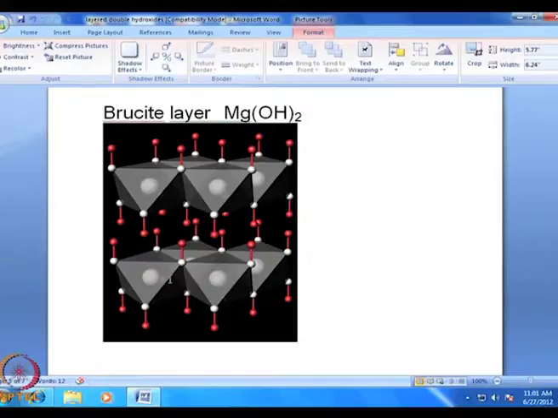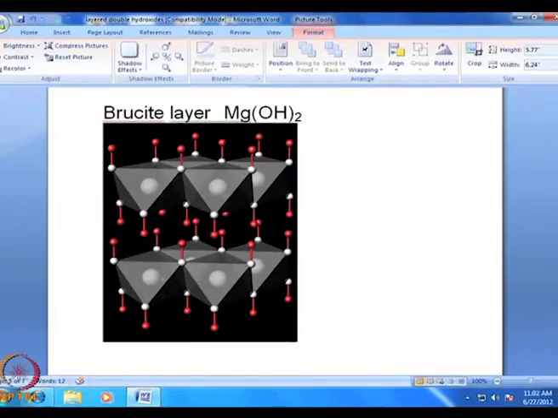The formula is magnesium hydroxide, but in the octahedra the magnesium ion is at the center and it is surrounded by 6 OH. Now, they are oriented as per this.